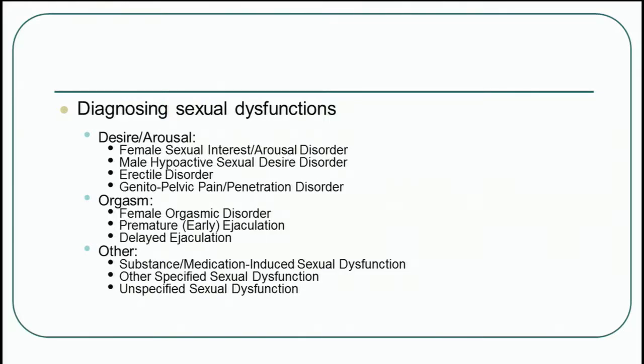And then you have this category here of other, which is comprised of substance or medication-induced sexual dysfunction, any other specified sexual dysfunction, or an unspecified sexual dysfunction should you not have enough information yet to make a diagnosis.